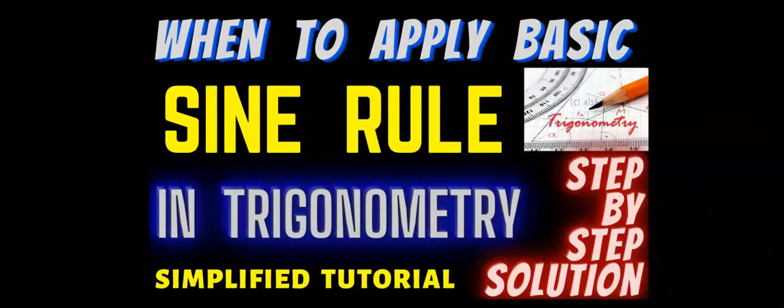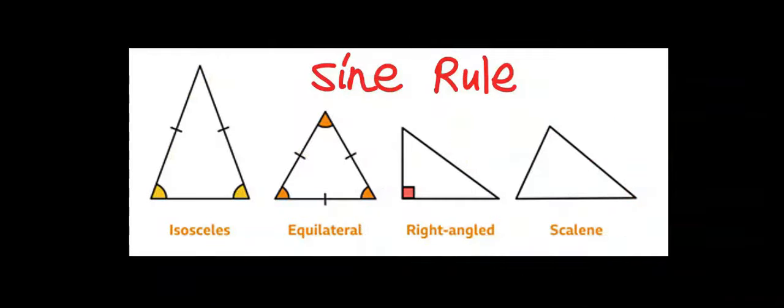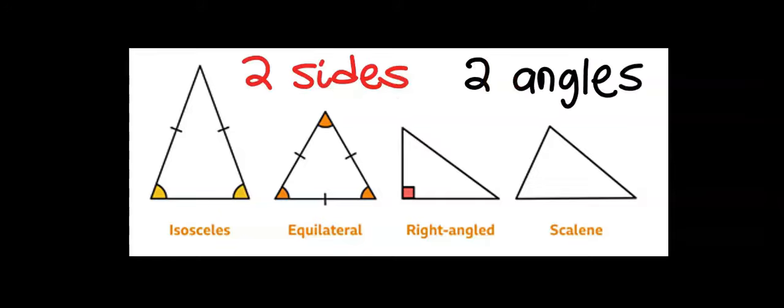When to apply basic sine rule in trigonometry. We can apply the sine rule to any triangle. Our aim is on two sides and two angles.